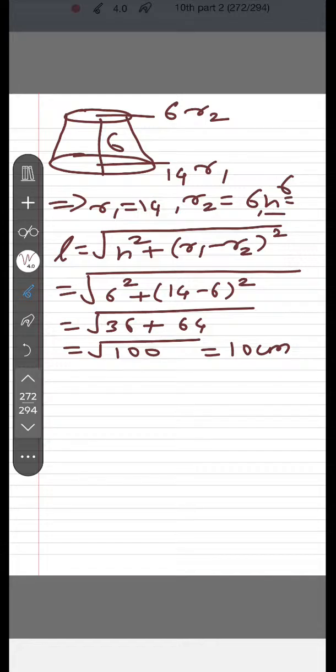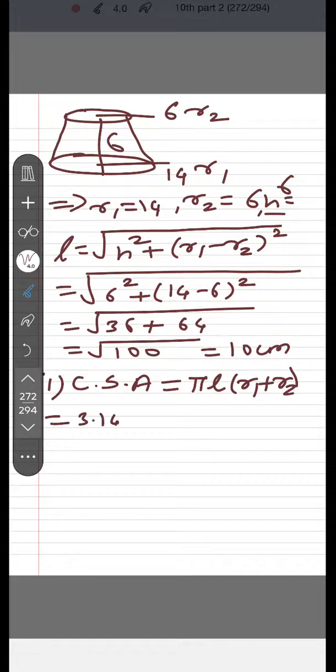Now what does the question say? Find first the curved surface area. So curved surface area of a frustum is equal to pi L (r1 plus r2). Pi is 3.14, L is the slant height we have already found, which is 10.